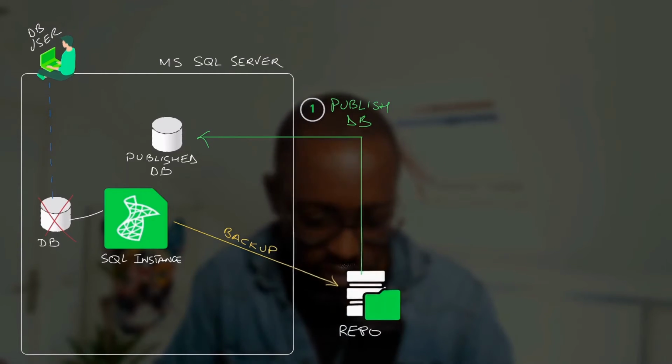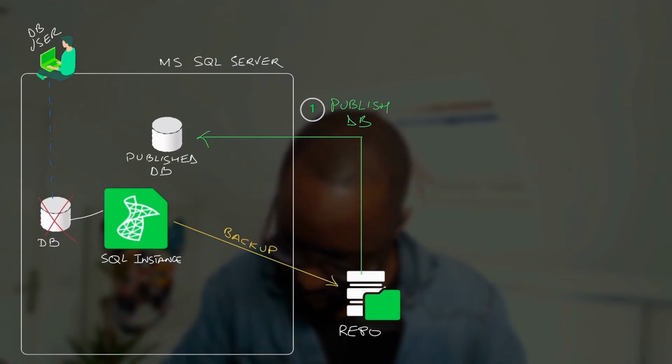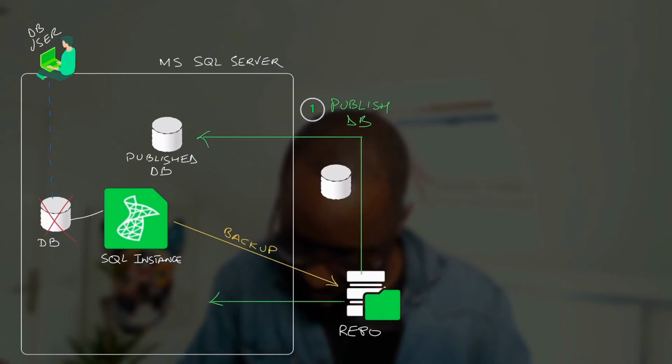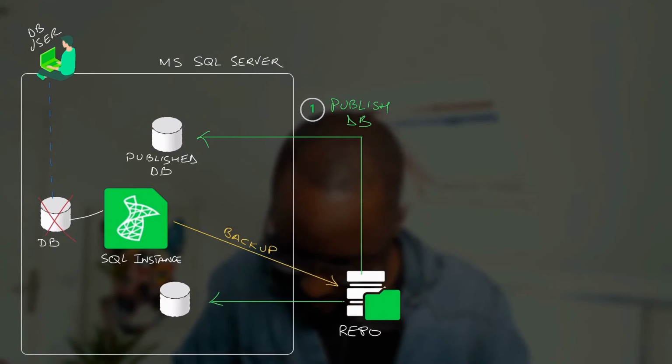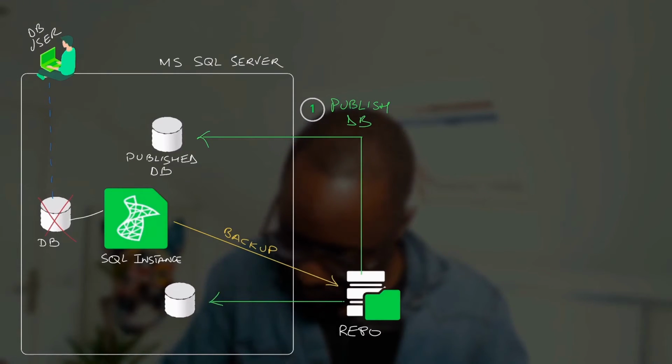The second step is a step that we will represent here like this. We have another instance, another database here, which will actually be created at the end of the second step.